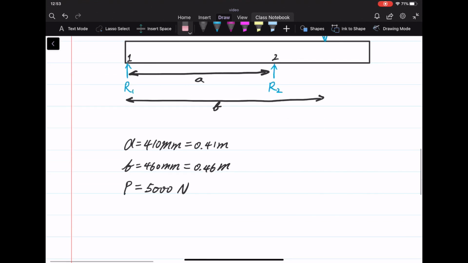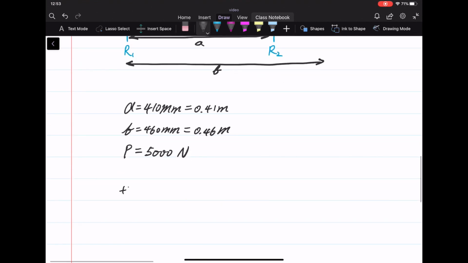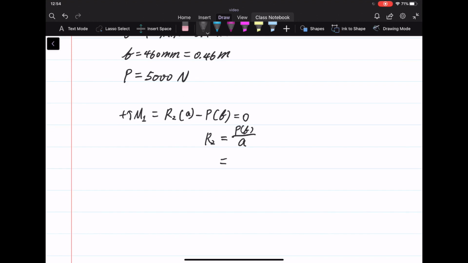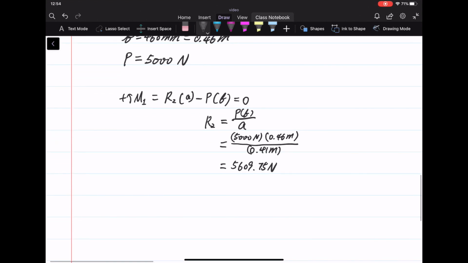So we set the moment at R1, which will be equal to R2 times A minus P times B, and R2 equal to PB over A. Plug in the numbers, we have 5,000 Newtons times 2.1 meter equal to 5,609.7 Newtons.